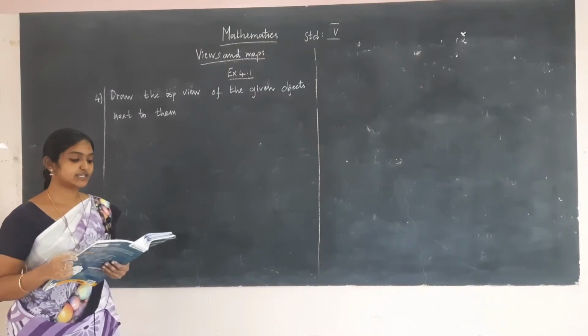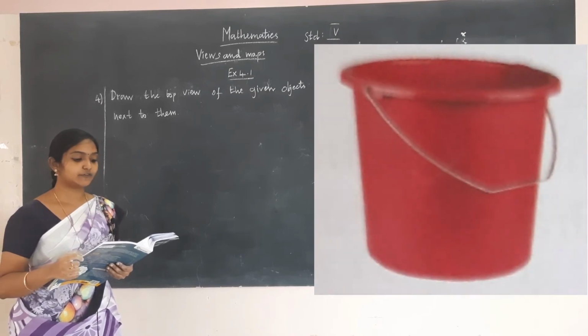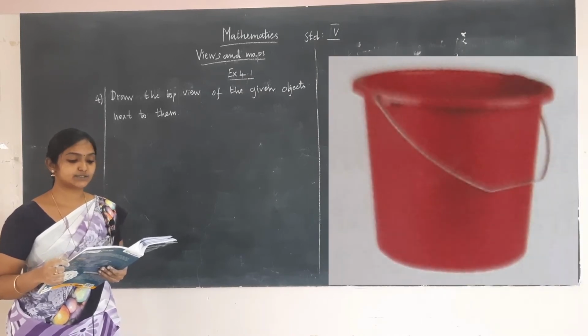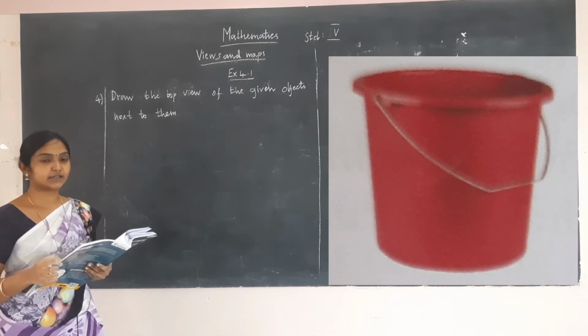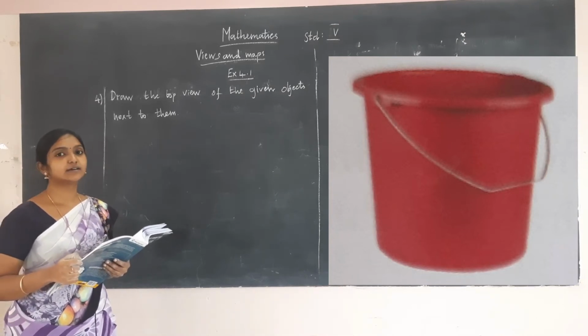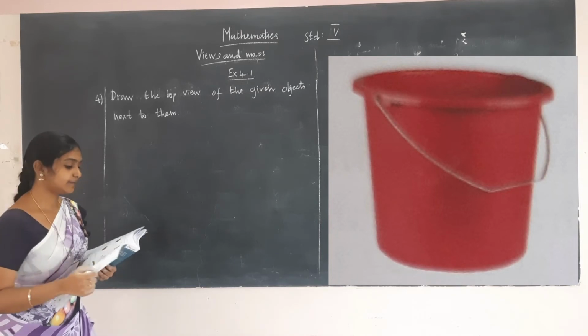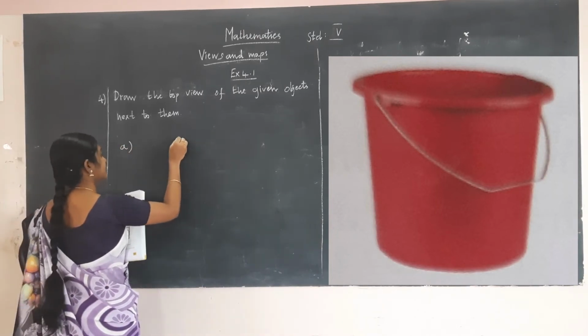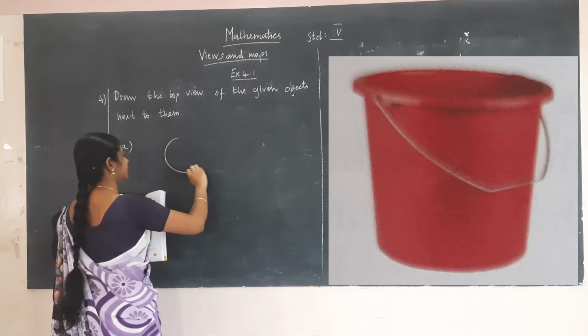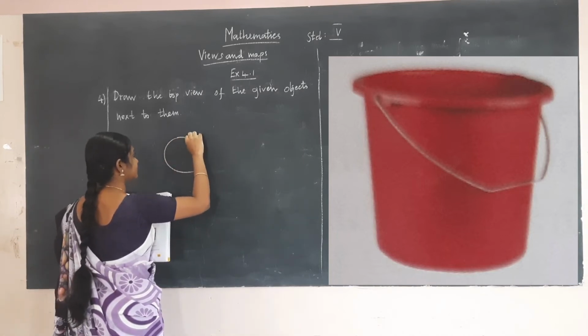The fourth question is, draw the top view of the given object next to them. The first picture is a bucket. Now we are going to draw the top view of the bucket. The top view of the bucket will be in round shape.